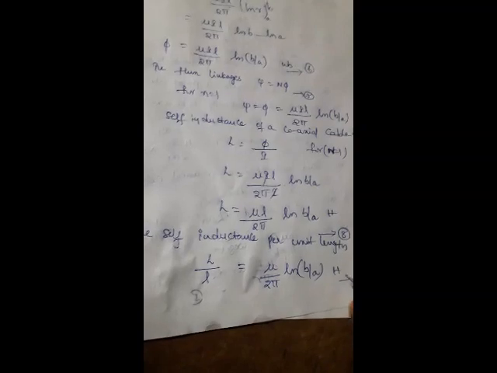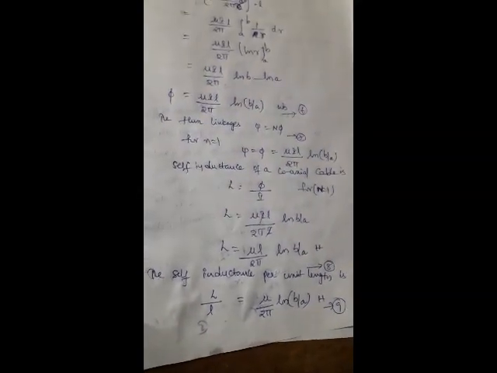This is equation number 9, the expression for self-inductance of a coaxial cable for N equal to 1. If there are N turns for the coaxial cable, the self-inductance is N mu L by 2 pi natural logarithm of B by A. But in general applications, there are no N turns for a coaxial cable.